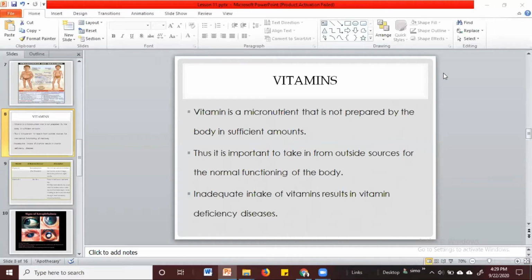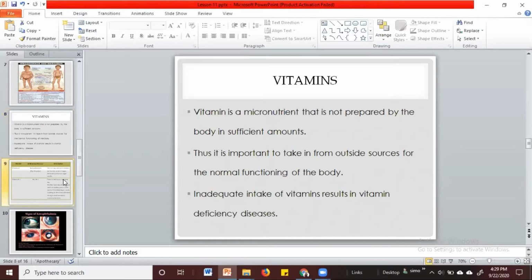And we also know that once we don't take the correct amount of vitamins that we need, we will be suffering from different vitamin deficiency diseases.